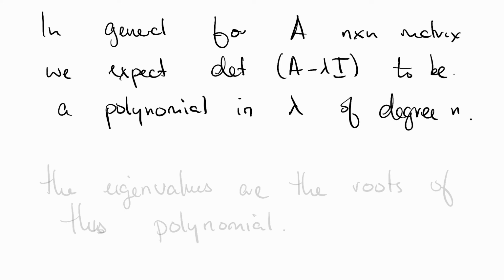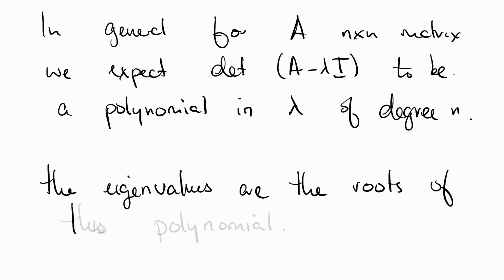The lambdas that make this 0 will be the lambdas for which there exists an eigenvector. The eigenvalues will therefore be the roots of this polynomial. This polynomial is therefore important enough to have a name.